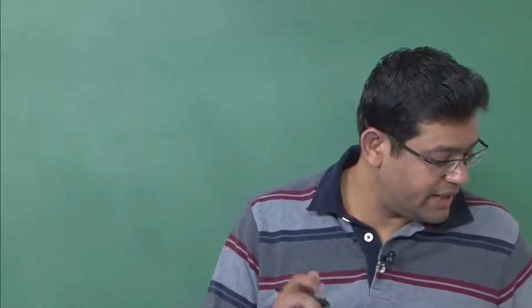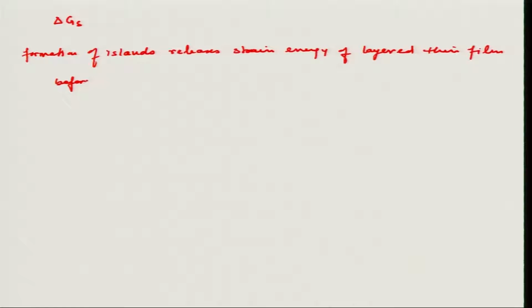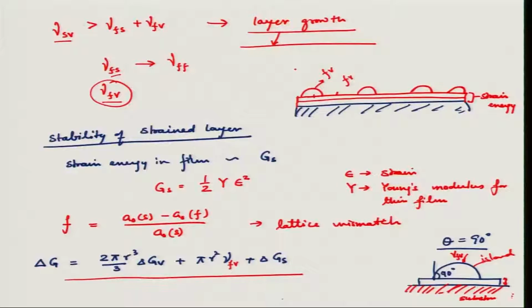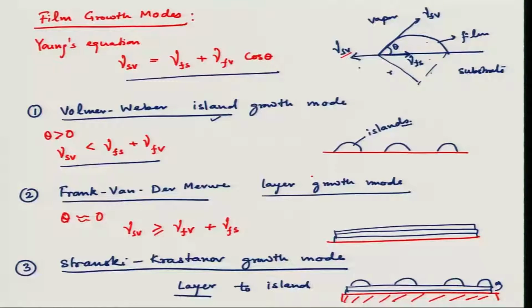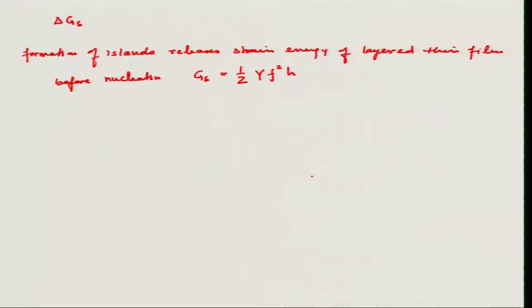Okay. So, we say that before nucleation my Gs was 1 by 2 Y f squared h. Let me go back, this is per unit length. This h here is the thickness of the layered growth.